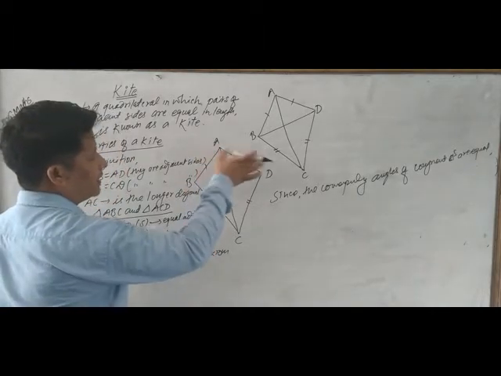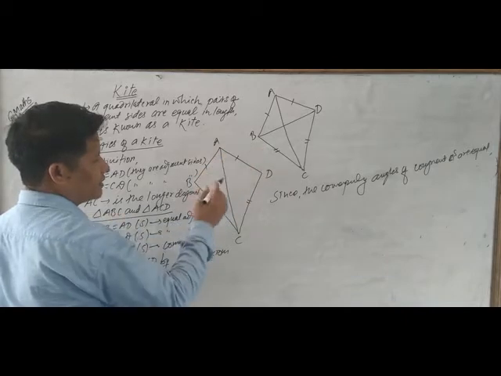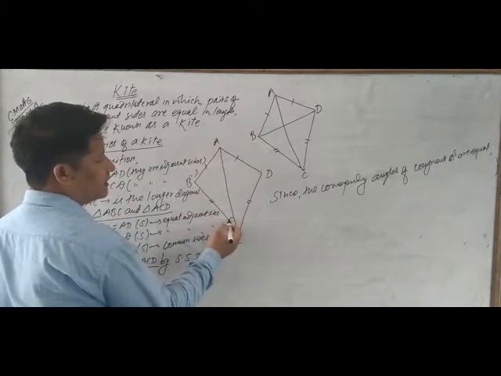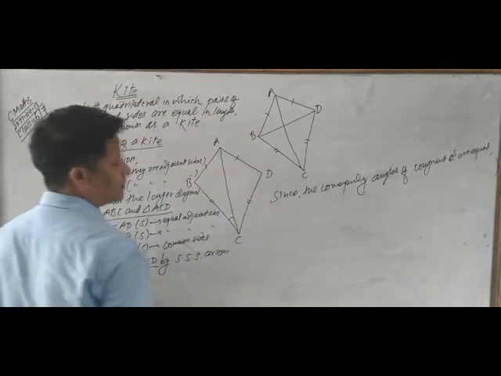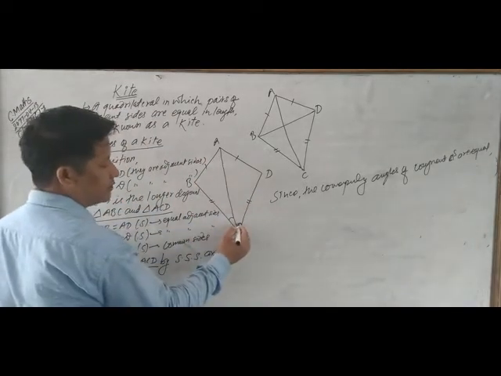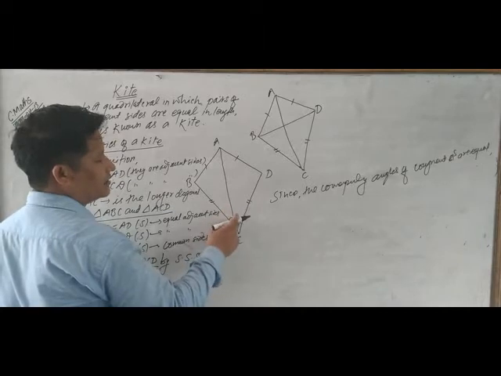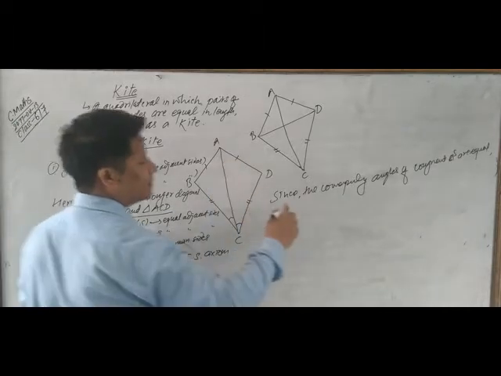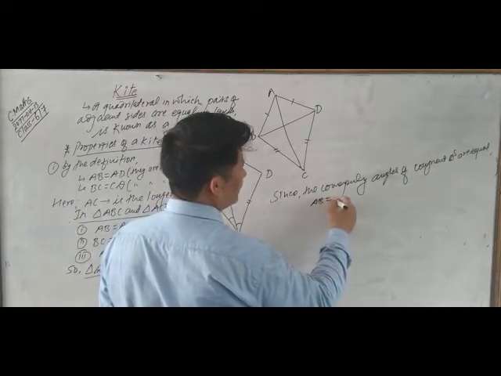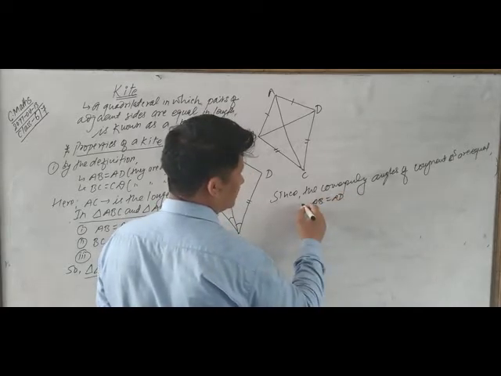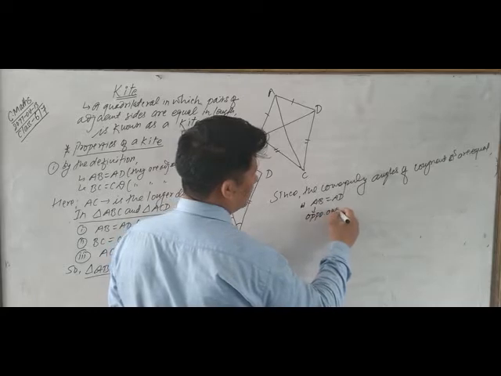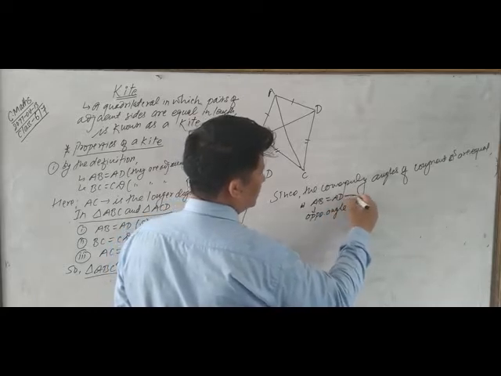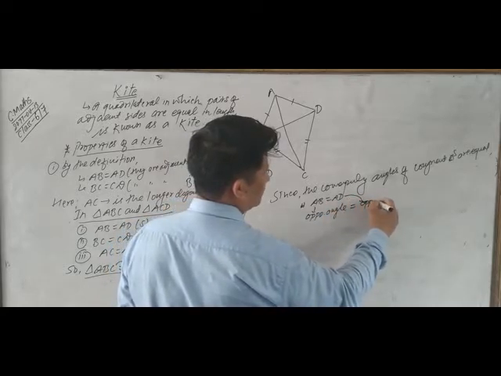So AB and AD are equal sides. This angle is the opposite angle of the side AB, and this angle is the opposite angle to the side AD. Its opposite angle must be equal to its opposite angle.